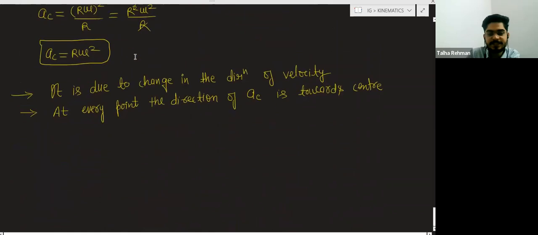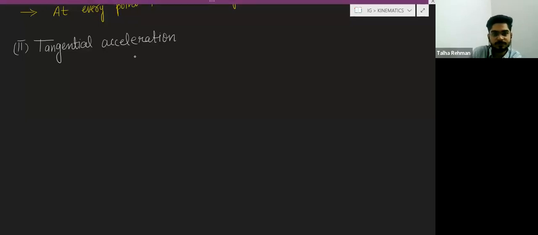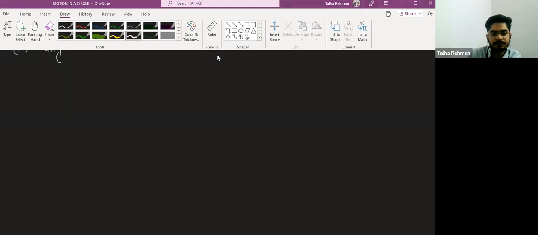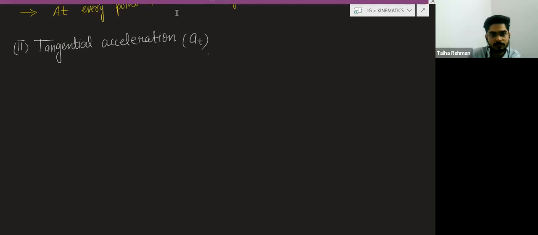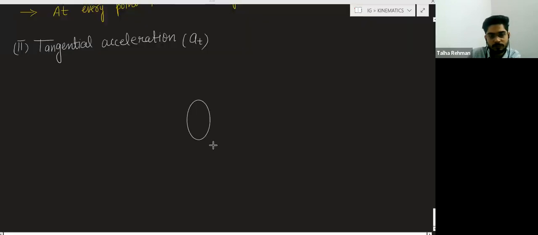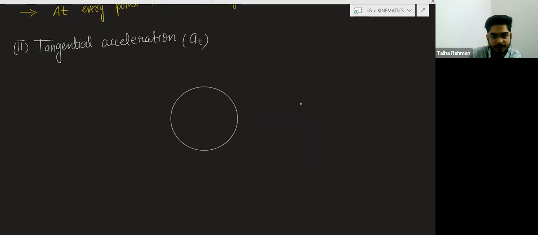Another is the tangential acceleration. For tangential acceleration, this is a circle and this is the center of the circle.